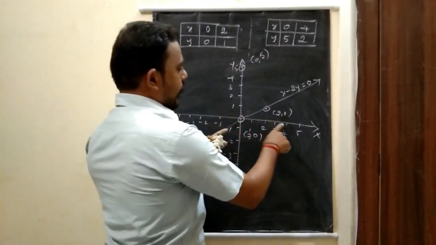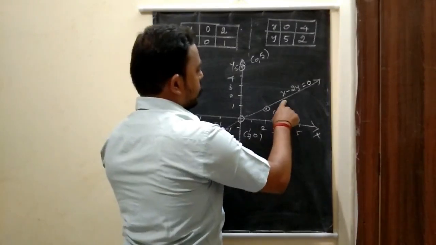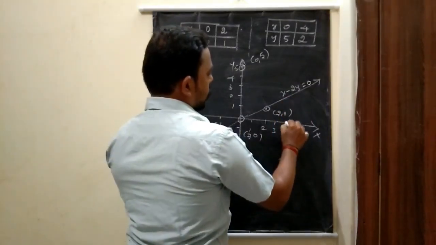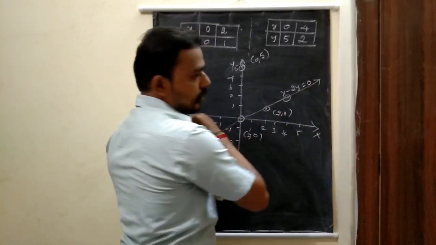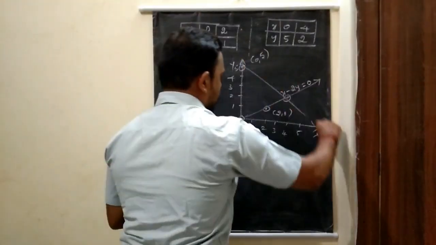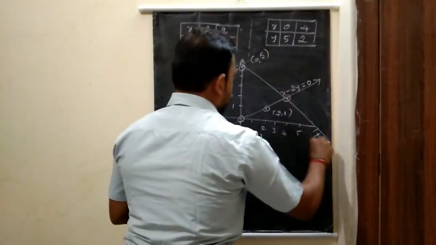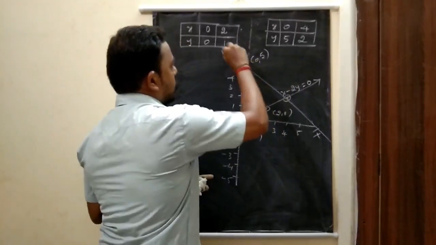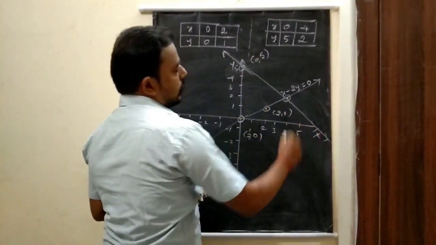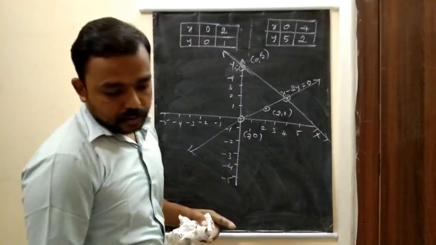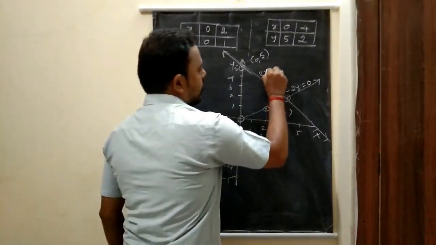Next x value 4, y value 2. Suppose this is the situation. So this one is 3x plus 4y equal to 20.